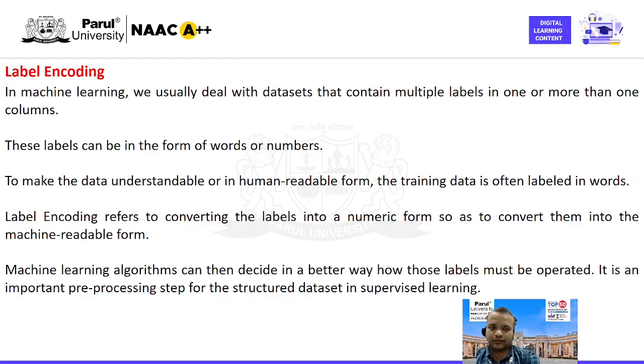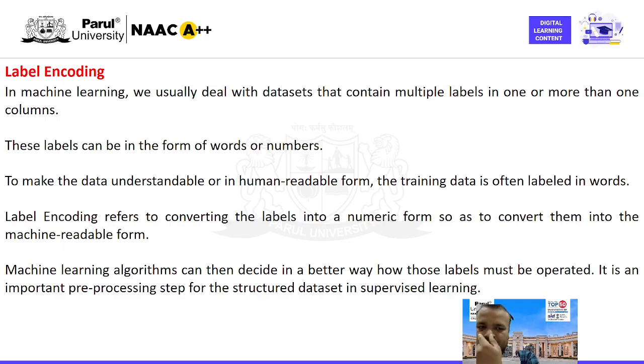Machines understand only 0 and 1. So firstly we have these word labels. You insert this information as columns, and the columns represent labels that we create with the help of letters.